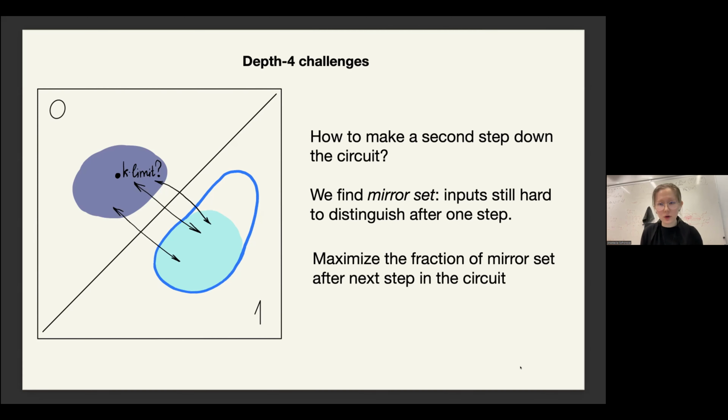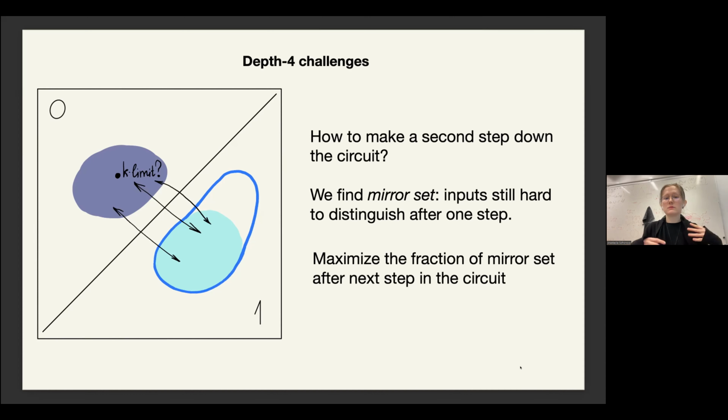And by duality of linear programs, to prove a lower bound against that is somewhat the same as exhibiting a hard distribution on inputs, so hard that we cannot solve it correctly by a subcircuit, even a certain measure of it. This is exactly what we do here with mirror sets. You can view a mirror set as a hard distribution on inputs in some sense.